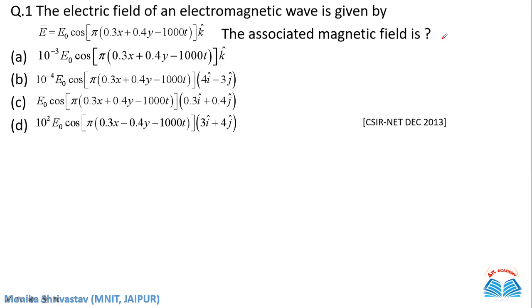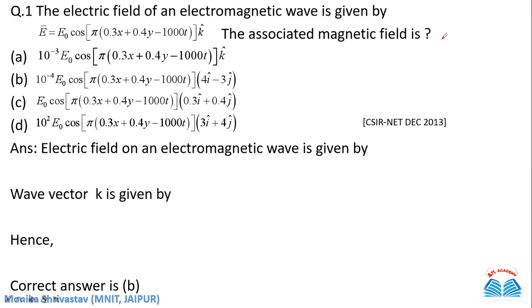So just see carefully how we can solve these questions. The electric field of the electromagnetic wave is given in our question as E equals E naught cos(0.3x plus 0.4y minus 1000 t) times k cap. A pi is also given in your question, so I am just putting a pi.